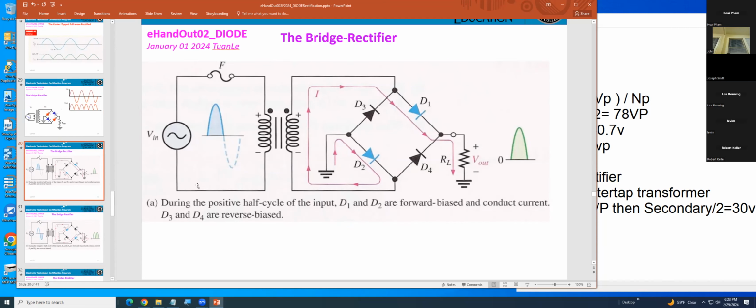First thing, when the signal is positive, that means you get a positive here, and this will be a negative. If you get a positive here, what diode will be on?